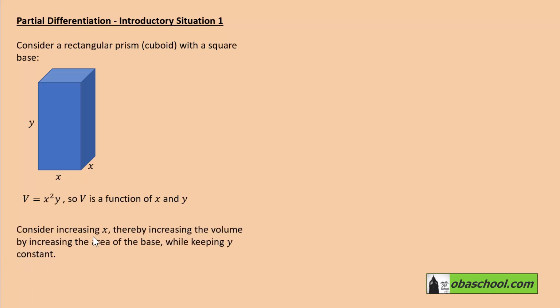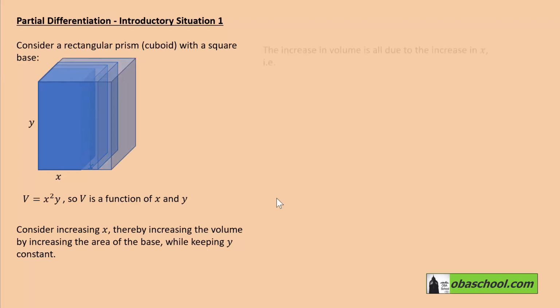Consider increasing x, thereby increasing the volume by increasing the area of the base while keeping y constant. So that would look something like this. The increase in volume is all due to the increase in x, i.e., we're looking at dV/dx, keeping y a constant.